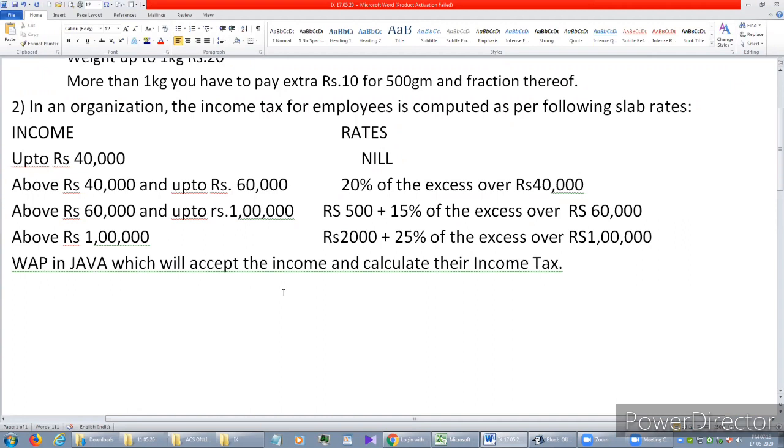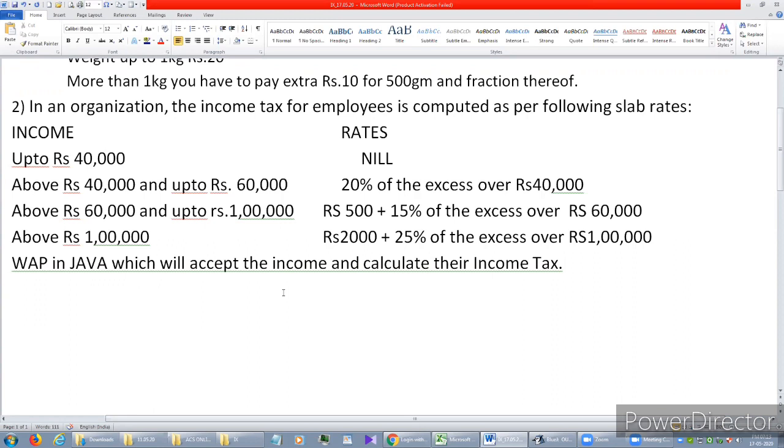Slab rate means up to 40,000 no charge, then above 40,000 and up to 60,000, 20% of the excess over 40,000. So up to 40,000 is a slab, 40,000 to 60,000 is another slab, 60,000 to 1 lakh is another slab, and more than 1 lakh is another slab.